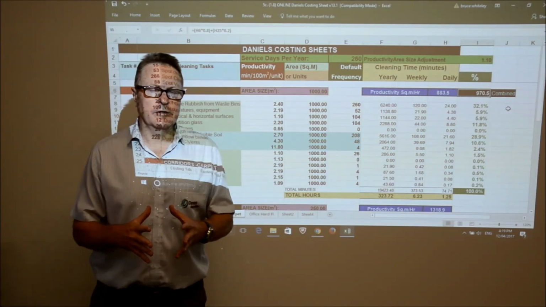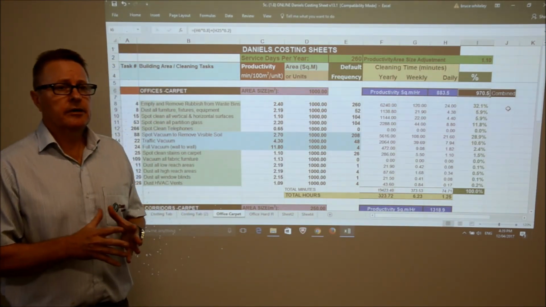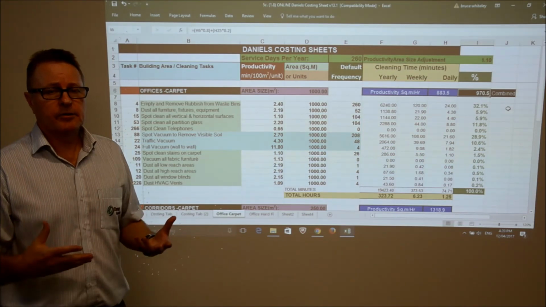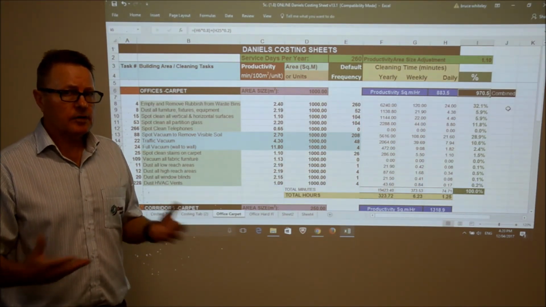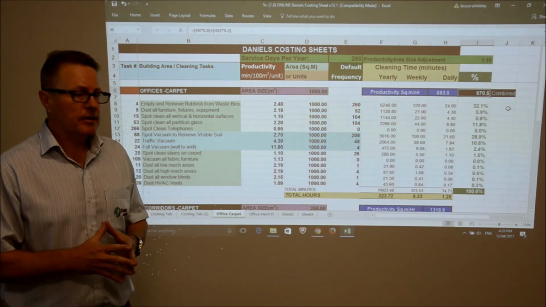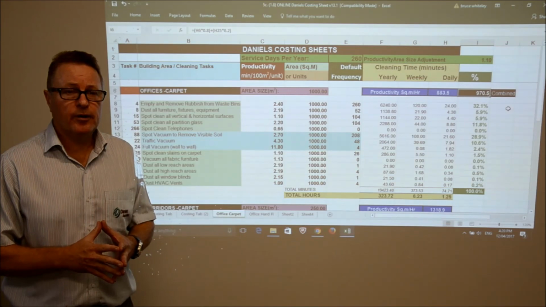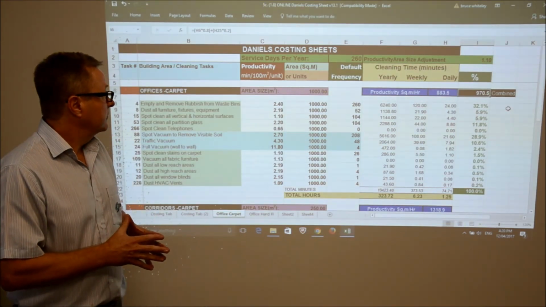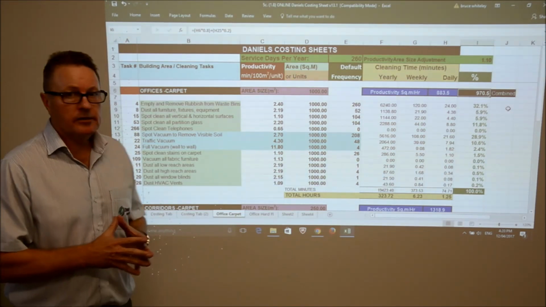Once you've modelled it on one of your existing jobs, you've obviously got a level of confidence to then apply it to similar type buildings and be able to quote using a much more standardised model than what you have in the past. Okay, so that's the end of the first video for the workloading. We'll now have a quick review of a few different sections and look at the second video.